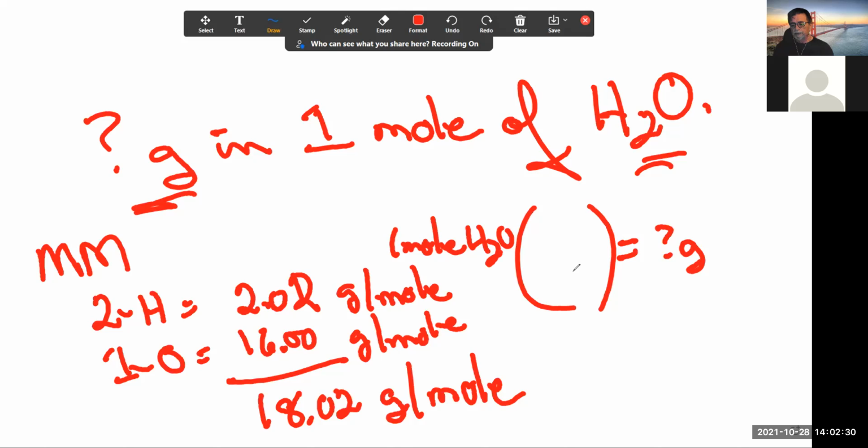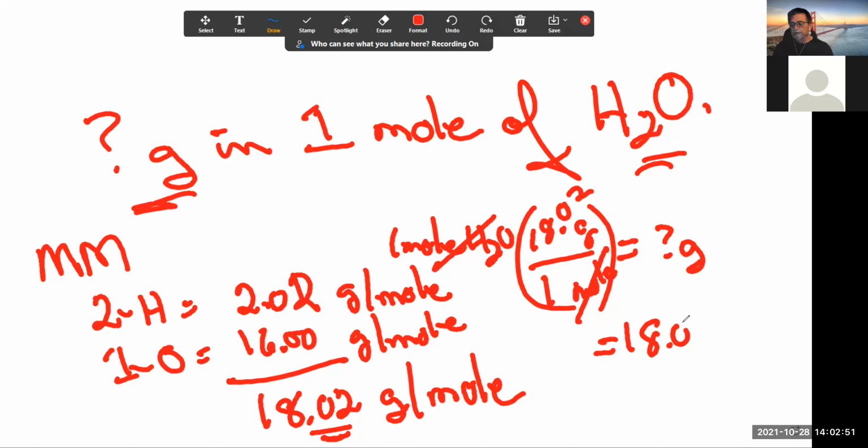And so I'm going to need a conversion factor. I want grams in the numerator, moles in the denominator, right? So I did the molar mass, so it's 18.02 grams in 1 mole. My moles cancel. That means that 1 mole of water weighs 18.02 grams. Okay.